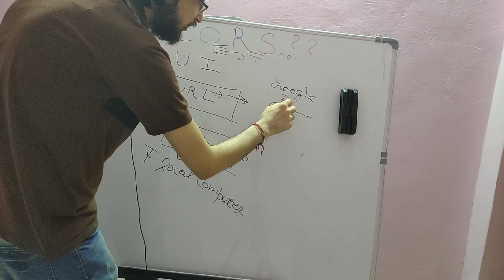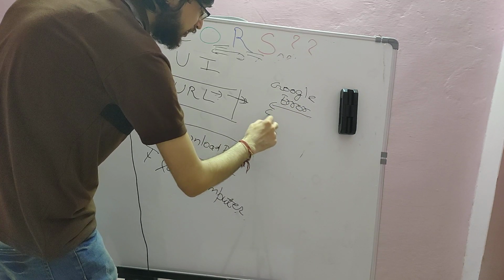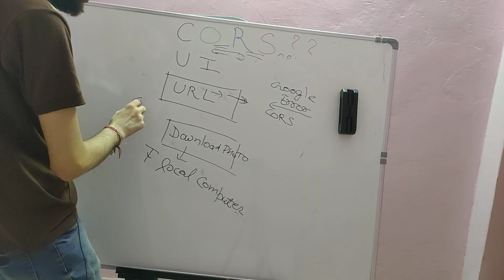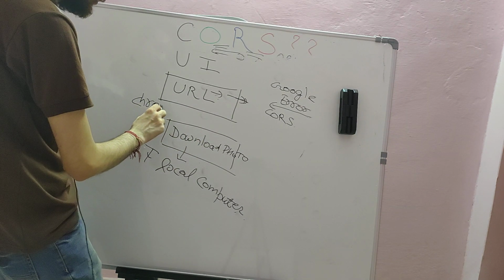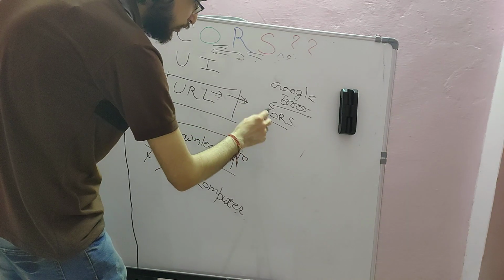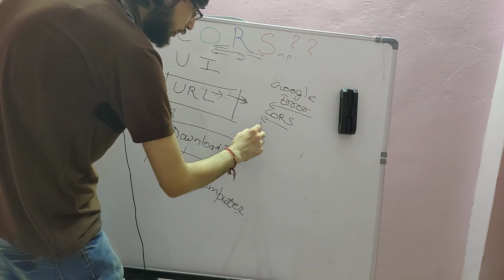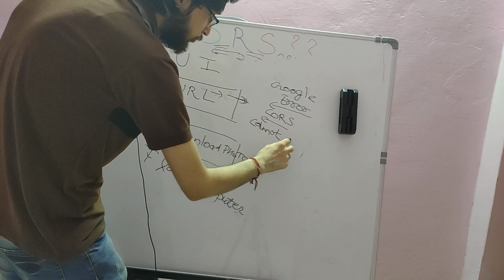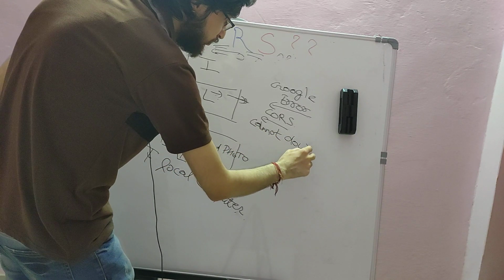The Google server will return a CORS error to the browser. Let's suppose we are running this application on the Chrome browser. The server will return this CORS error to Chrome, saying that you cannot download the image due to CORS.